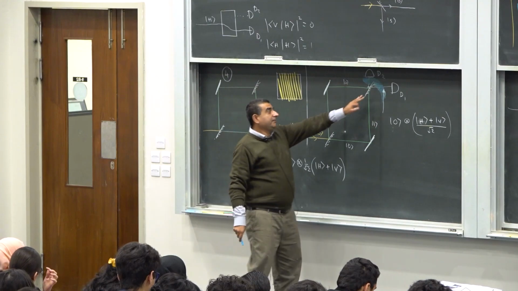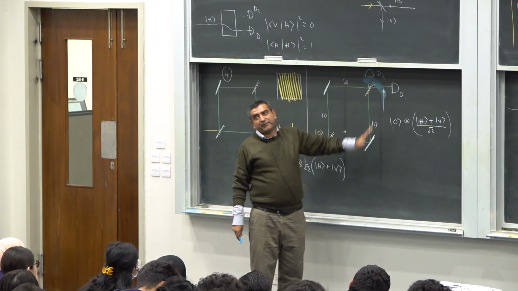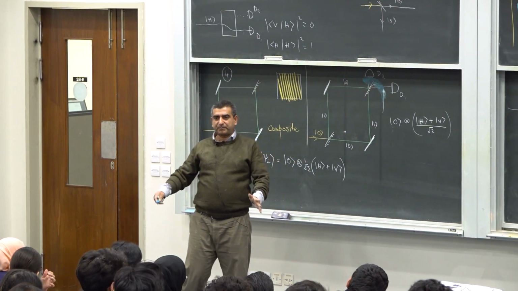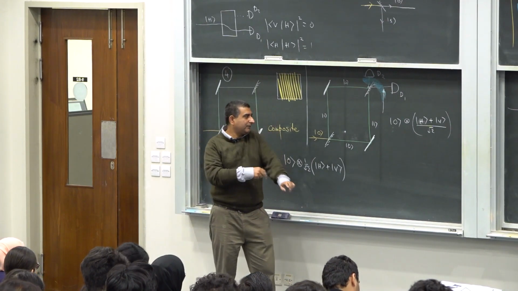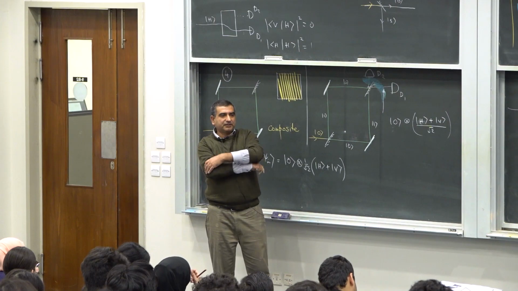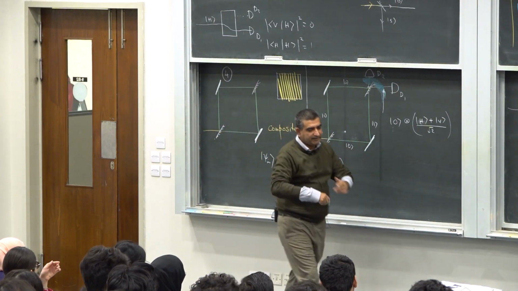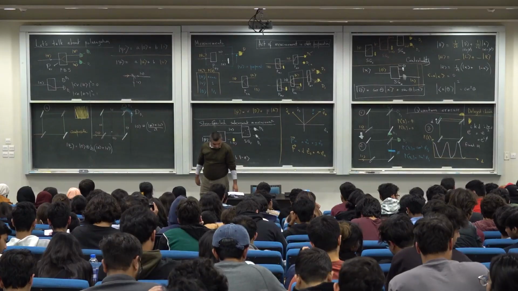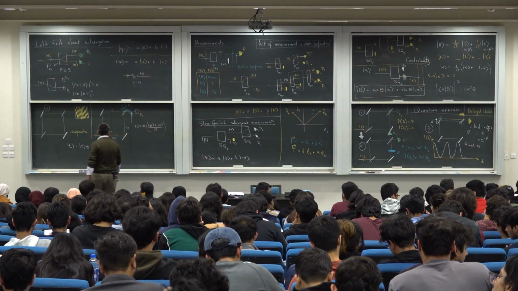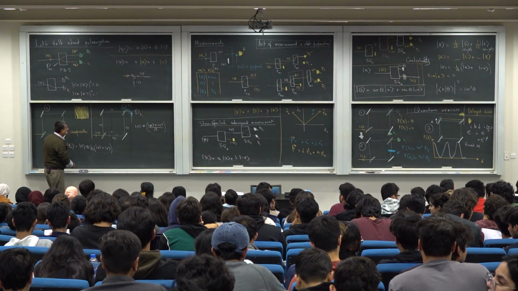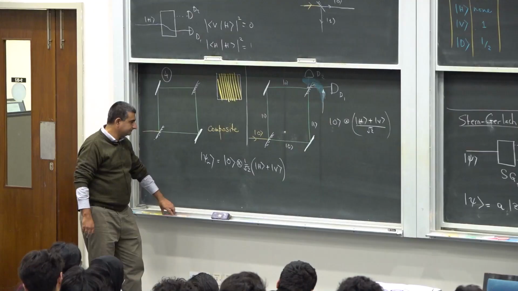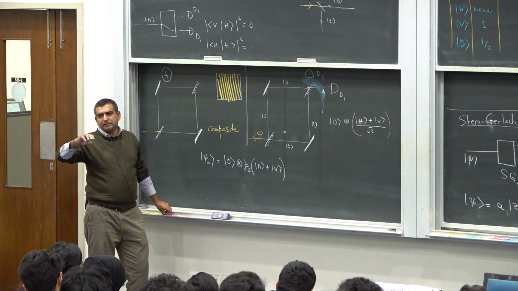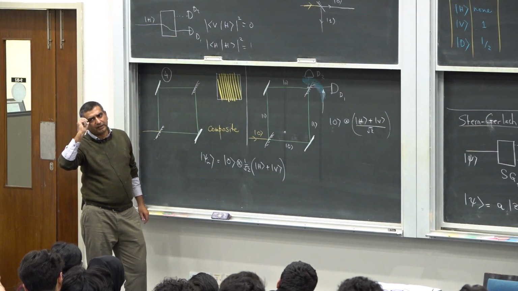We know the momentum of the outgoing photon, but we don't know the path. It's in a superposition. Now, is there a way to determine the path? Let's see. All right. So in this experimental arrangement, let's do another kind of trick.